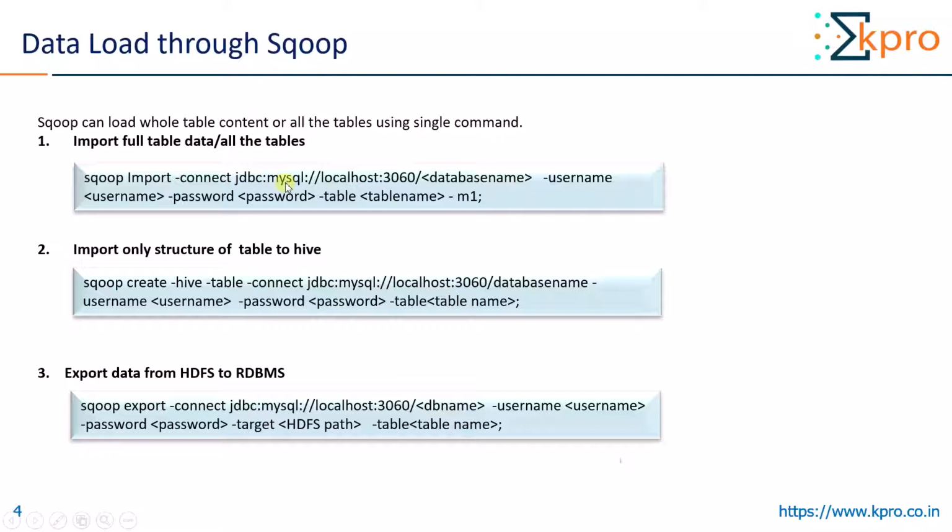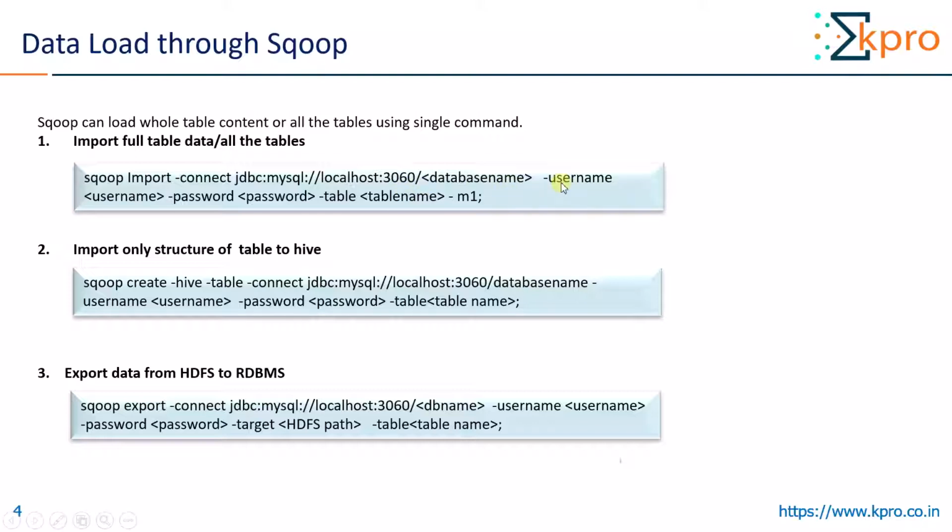Also, we need to provide a connection string to make a connection to the system. Here I'm going to use MySQL database, that's why you will see the MySQL connection string. If you are using any other database, it is going to change.